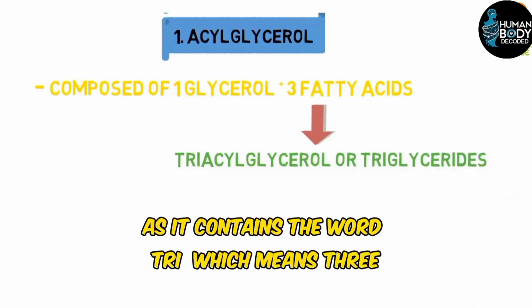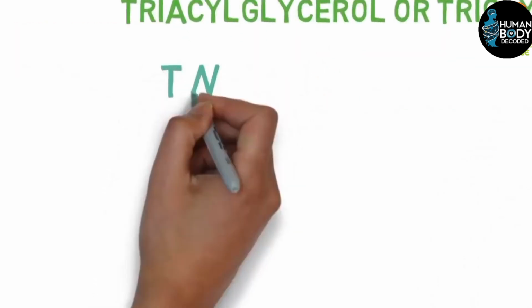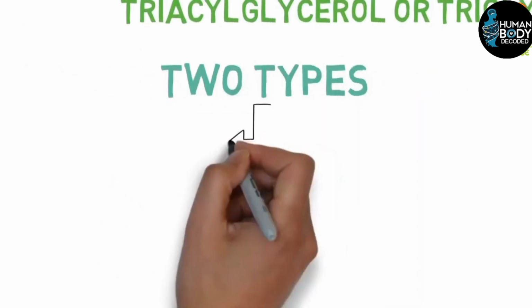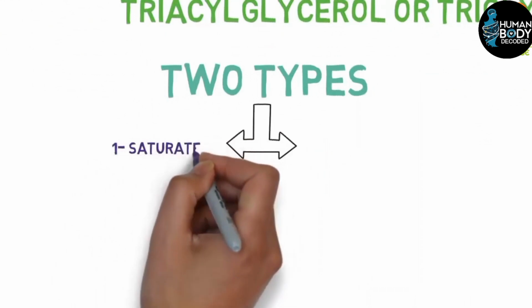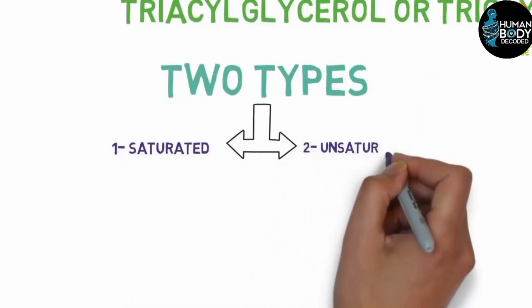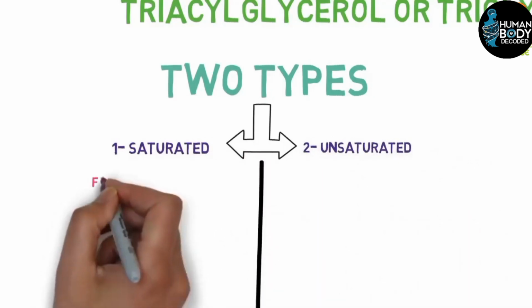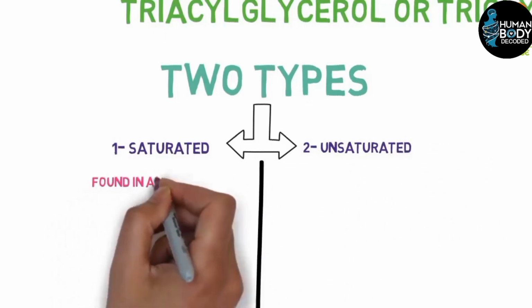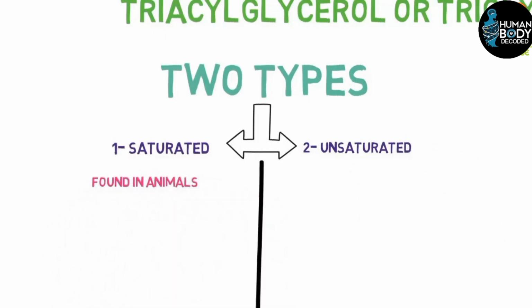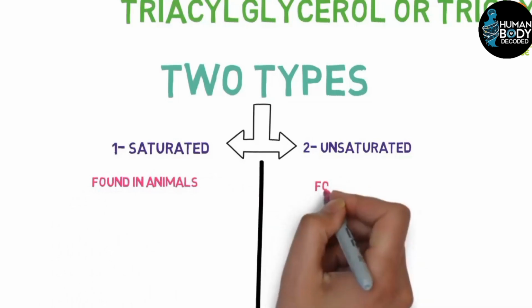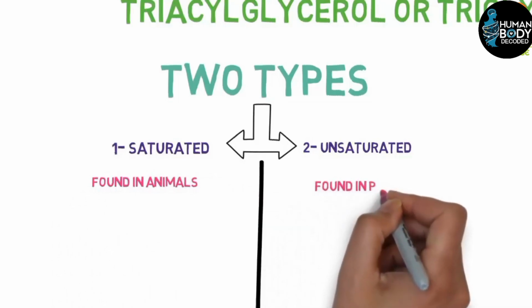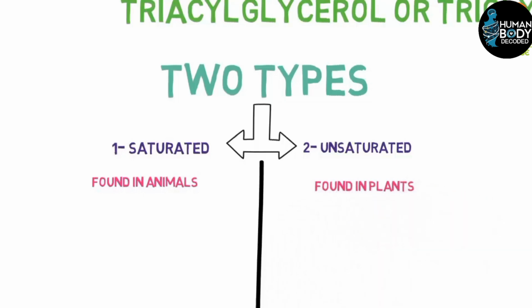means 3. Do you know that there are 2 types of acylglycerol? Saturated acylglycerol and unsaturated acylglycerol. Let's study the difference between the two. What are saturated acylglycerol? Saturated acylglycerol are typically found in animals, while unsaturated acylglycerol are found in plants.